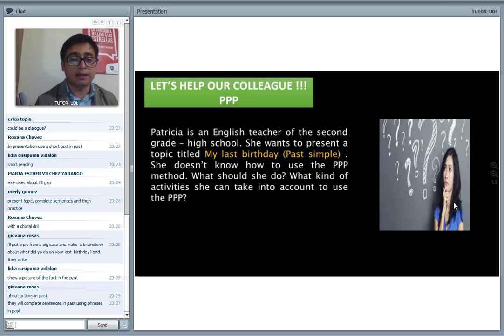Okay, yes. For example, as Giovanna says, first you present or show a big picture of a cake. So the students start brainstorming different words related to that picture. Okay? So after that, you can maybe put a conversation about two people.